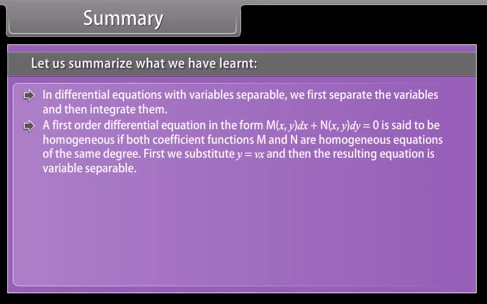A first-order differential equation in the form M(x,y)dx + N(x,y)dy = 0 is said to be homogeneous if both coefficient functions M and N are homogeneous functions of the same degree. First, we substitute y = vx, and then the resulting equation is variable separable.